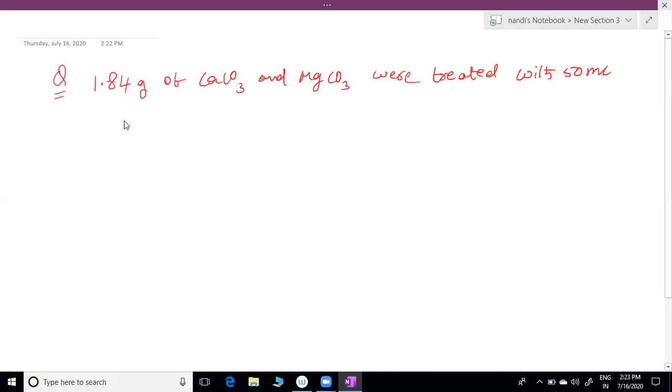1.84 grams of CaCO3 and MgCO3 were treated with 50 ml of 0.8 N HCl solution.